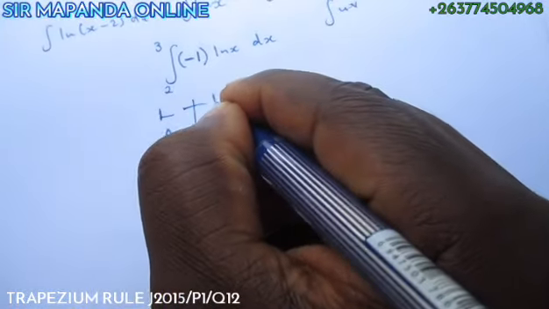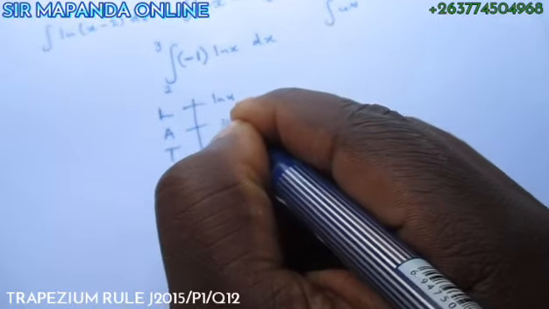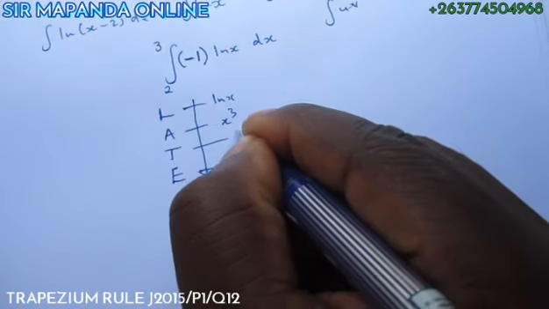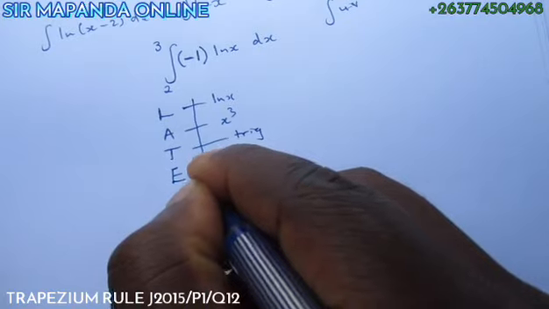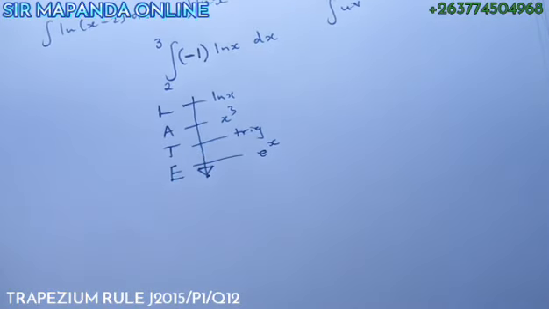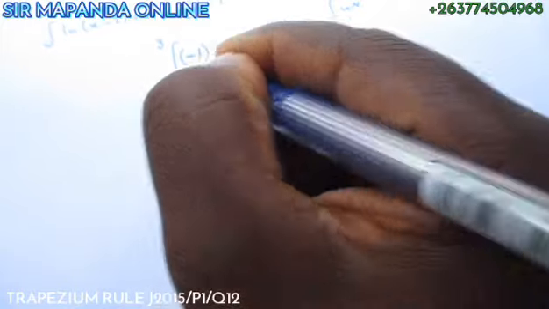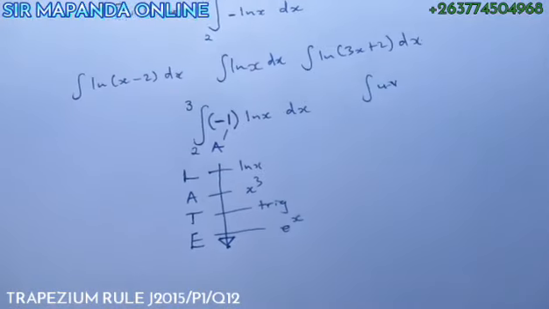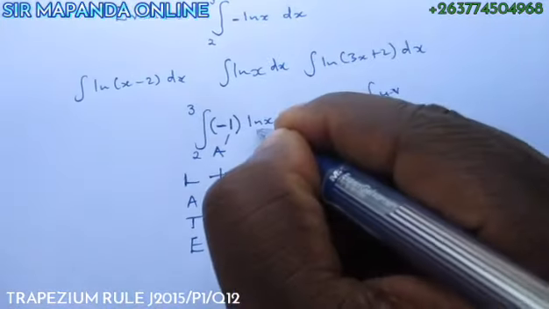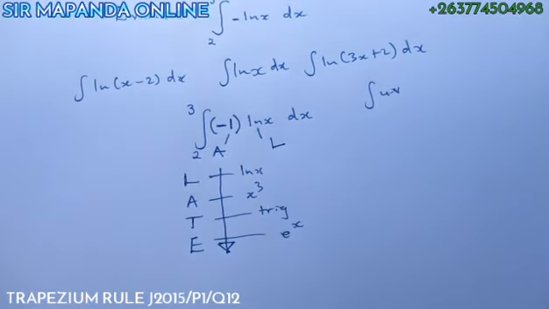L stands for ln x, A stands for algebraic expressions, T stands for trig ratios, E stands for exponential. So the first letter from the above is your u. So minus 1 is representing algebraic expressions. Ln x is representing L. From the LATE, L is on top of A.